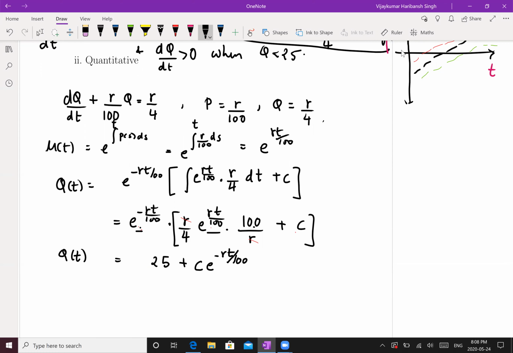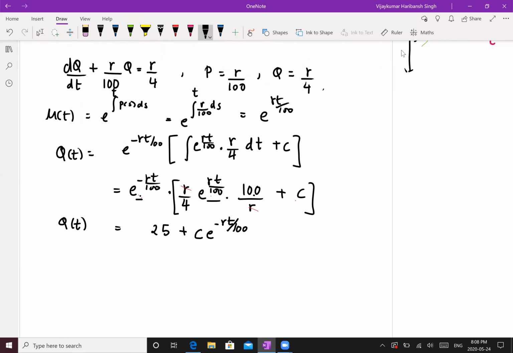Now we need to determine the C, for which we are given the initial value. Using Q of 0 equals Q naught, Q of 0 on one hand is Q naught, on the other hand it's just 25 plus C. So Q naught equals 25 plus C, and C is going to be Q naught minus 25.